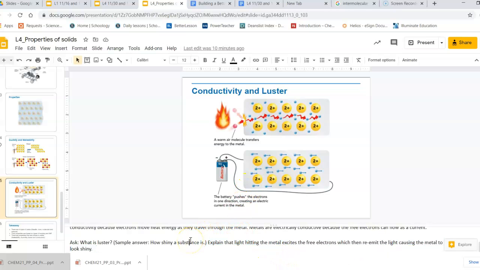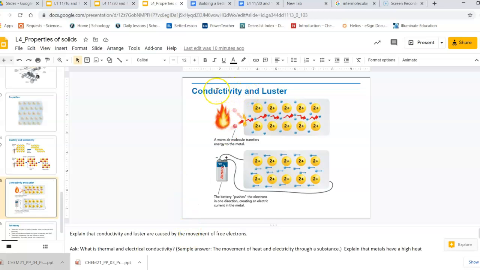Conductivity: so far we haven't really differentiated between conductivity of heat versus conductivity of electricity. That's because they usually go hand in hand. But again, it's this ability of electrons to absorb and release. And here's an example of heat conductivity, and here's an example of electrical conductivity.